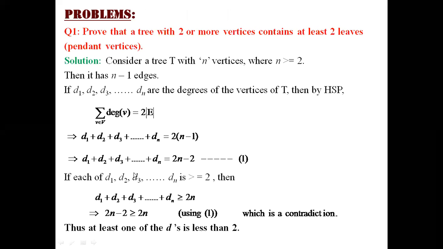So since D1 cannot be equal to 0, the degree of one of the vertices can be equal to 1. We just showed that at least one vertex has degree less than 2, so we assume the degree of one vertex, say D1, is equal to 1.